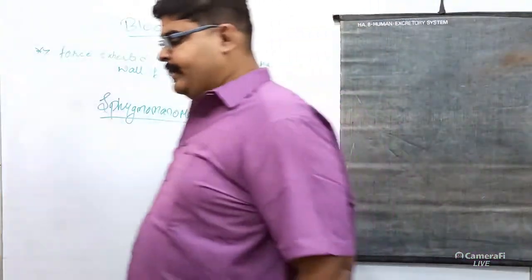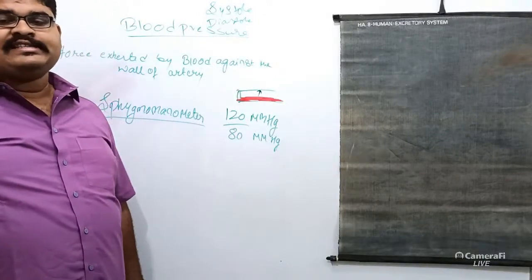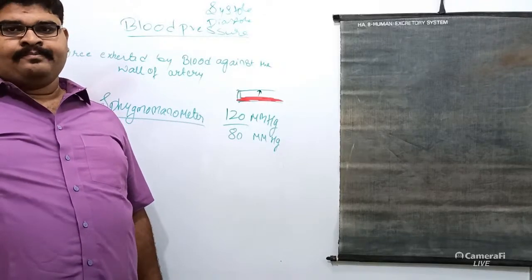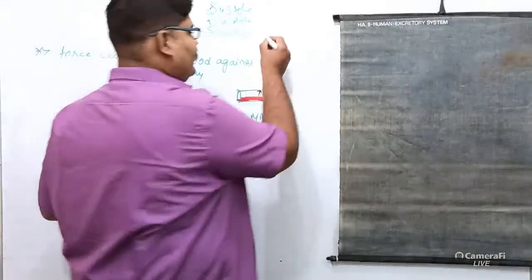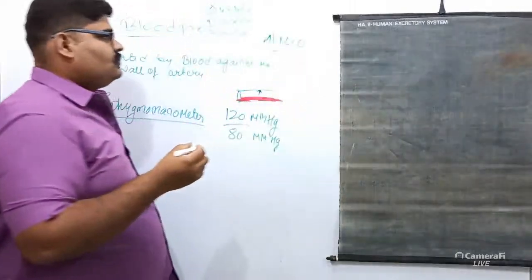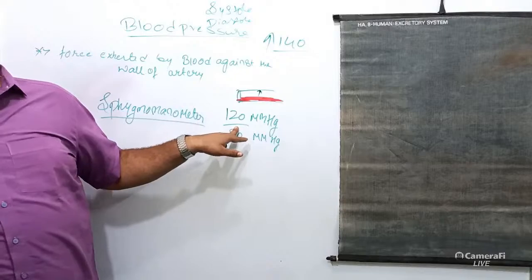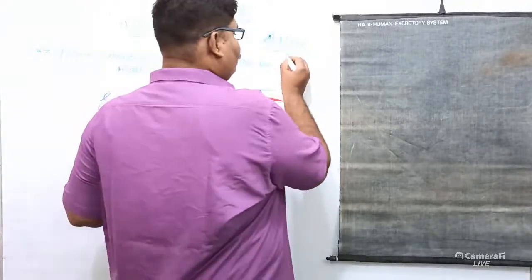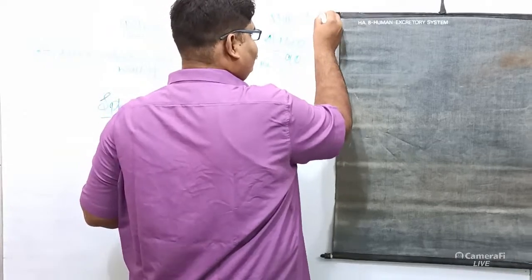Then what do we mean by hypertension and hypotension? Hypertension means that if the blood pressure is more than 140 mmHg systolic, it is said to be high BP, or hypertension.